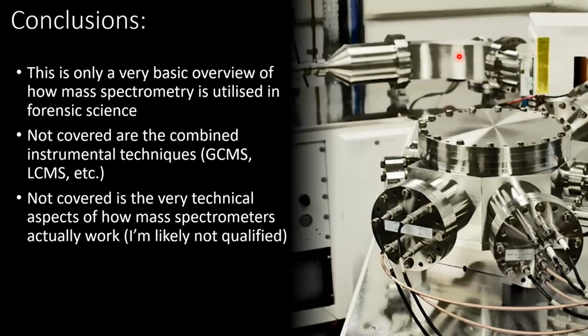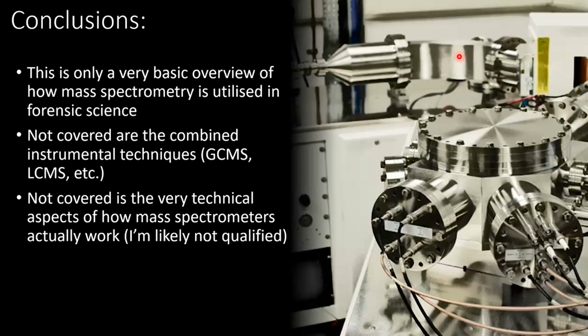So to conclude, this is only a really very basic overview of how mass spectrometry is utilized in forensic science. I haven't covered anything involved with the combined instrumental techniques like GCMS, gas chromatography mass spectrometry, and LCMS, liquid chromatography mass spectrometry. These are ubiquitous to forensic science.